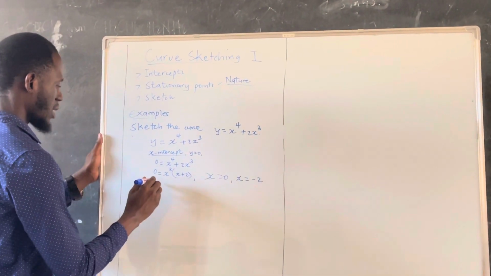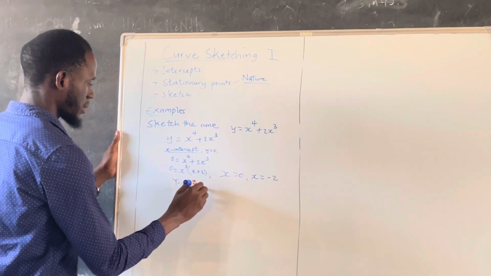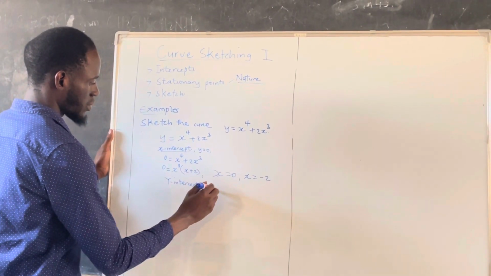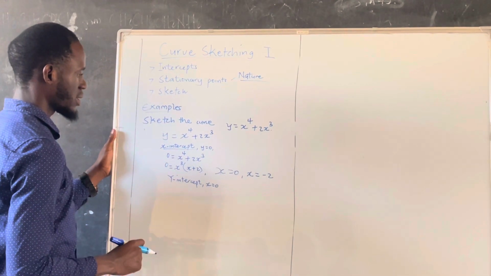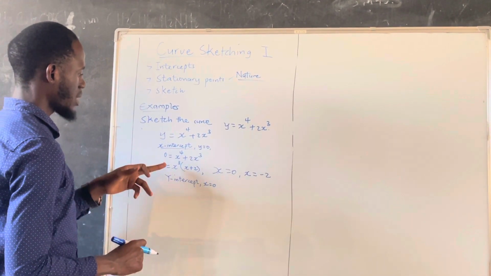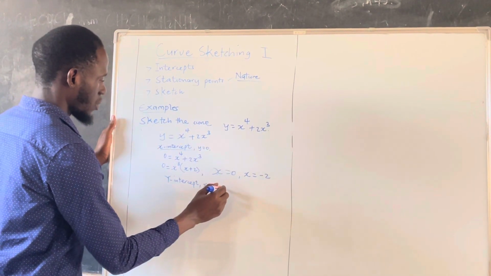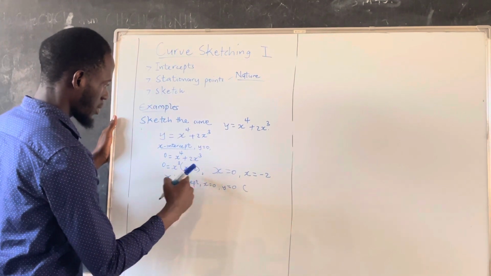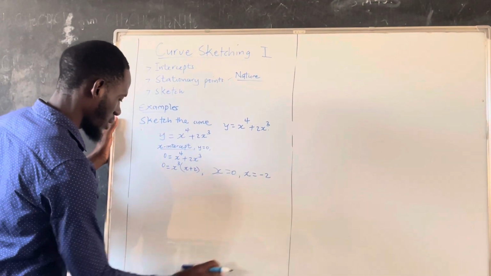Then I proceed and get the y-intercept. At the y-intercept, we say that x is equal to 0. On the y-axis, x is equal to 0. So wherever there is x, we are putting 0 in the equation. So 0, 0, it becomes 0. So y is 0, and the coordinate becomes, let me first write the coordinate.